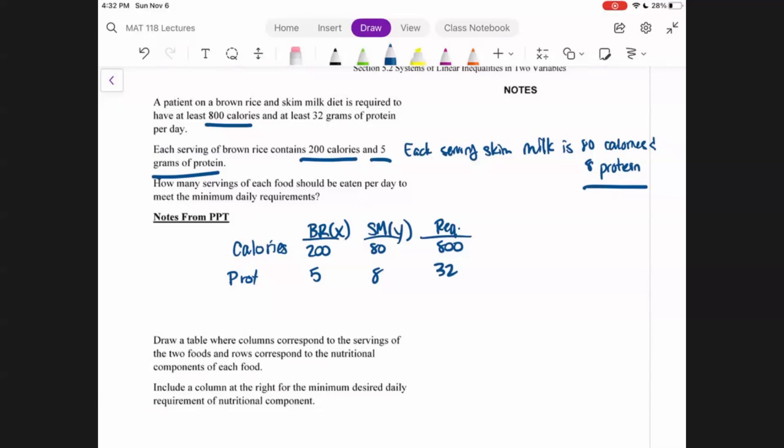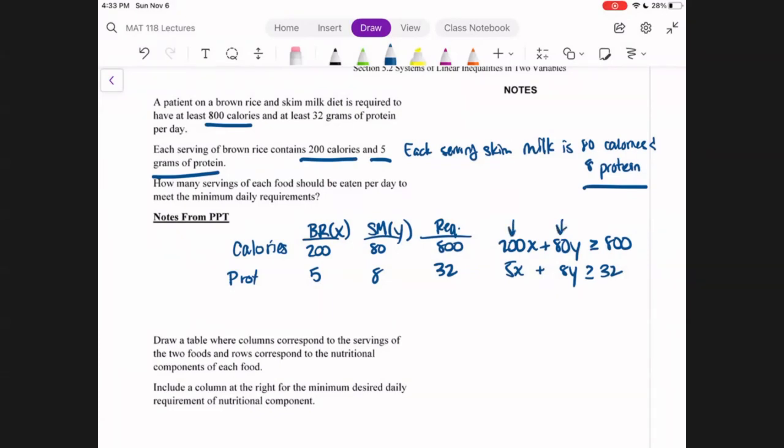You can think of brown rice as your X, skim milk is your Y. So the first one will be 200X plus 80Y is greater than or equal to 800. And the second one will be 5X plus 8Y is greater than or equal to 32. So you multiply them because however many brown rice servings you have, you multiply to get the total calories. So this is the total calories for brown rice, and this is the total calories for skim milk.